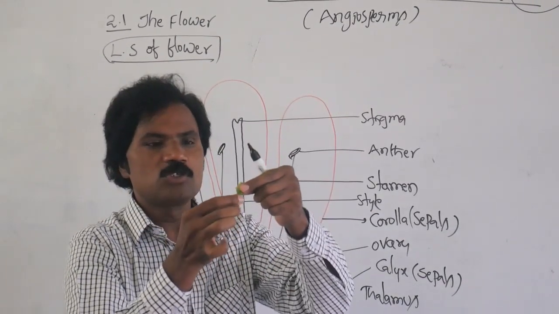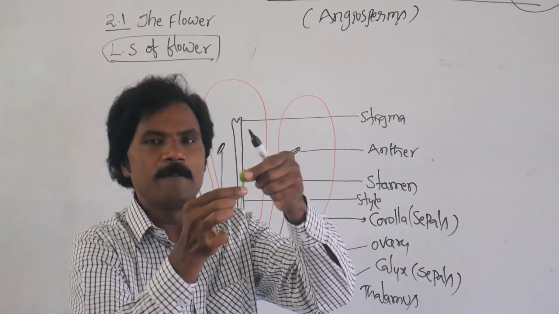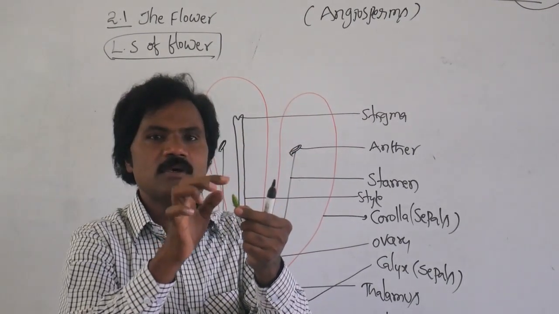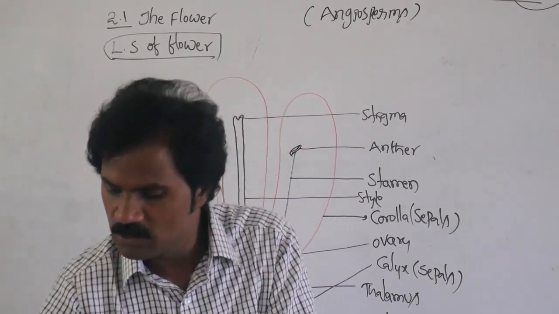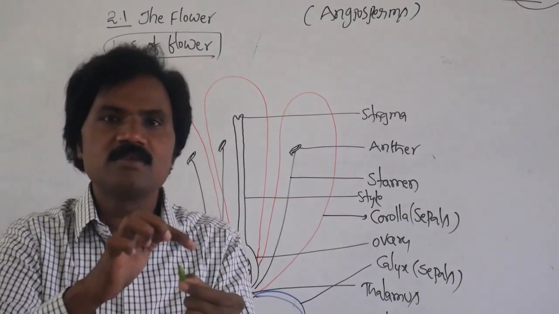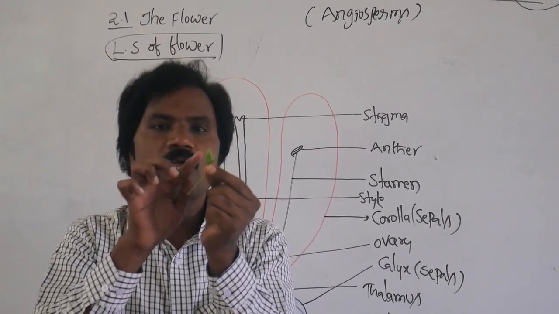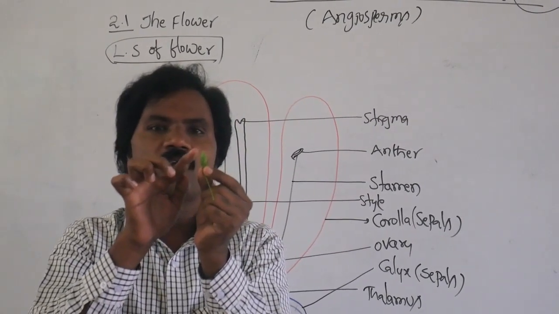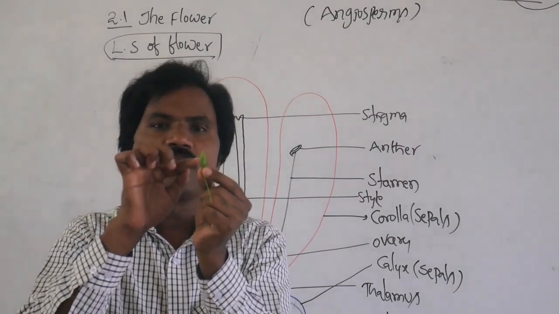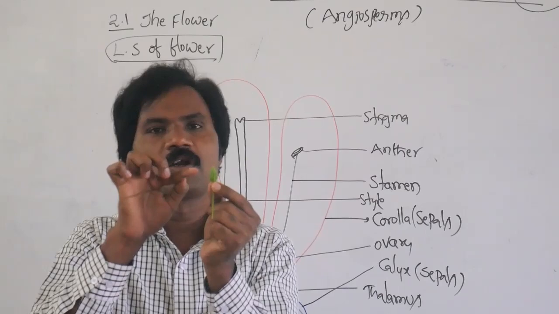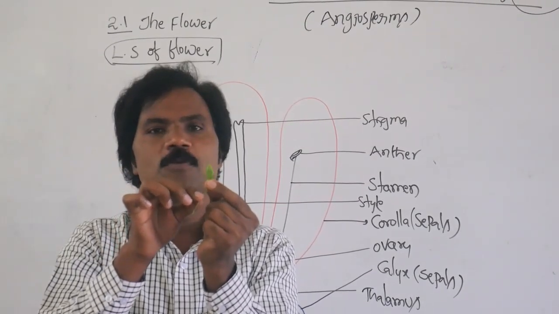This part is the pedicel. Before anthesis, the calyx, the outer green part, protects all the inner whorls. Completely protected.